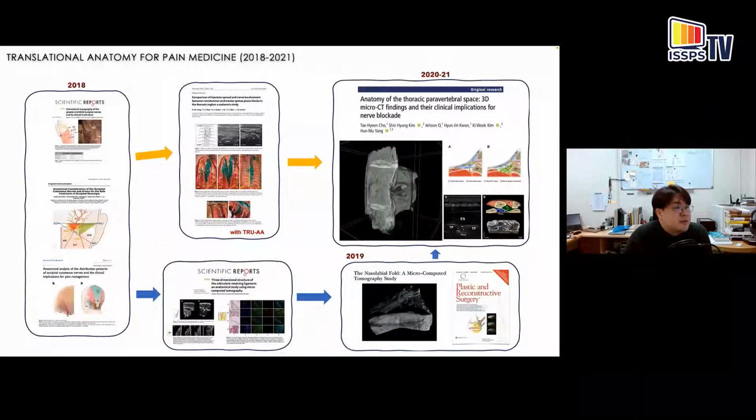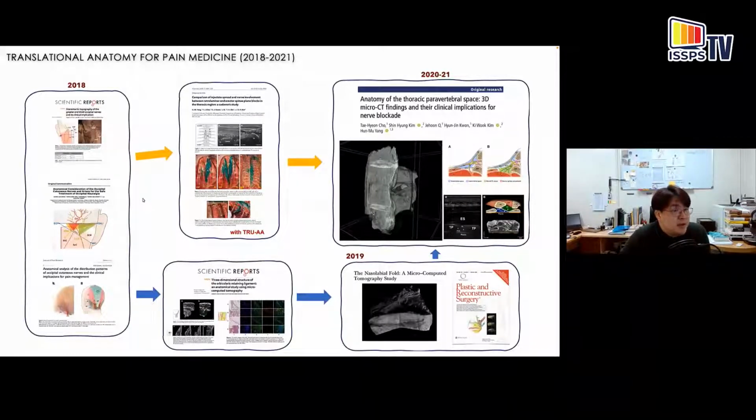Previously, I used classical methods, manual dissection or shallow stain technique, to investigate nerve or vessel distribution. Three years ago, I thought about two ways my anatomy lab should go. First, improving the observational tool, and second, collaborating with clinicians.